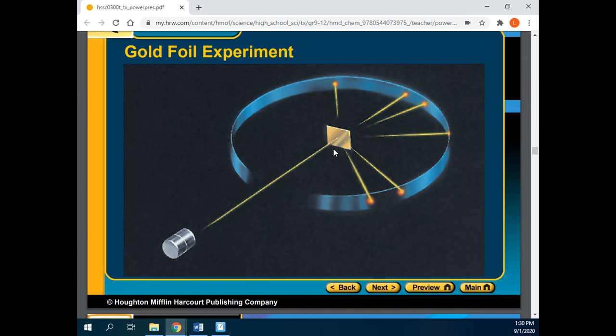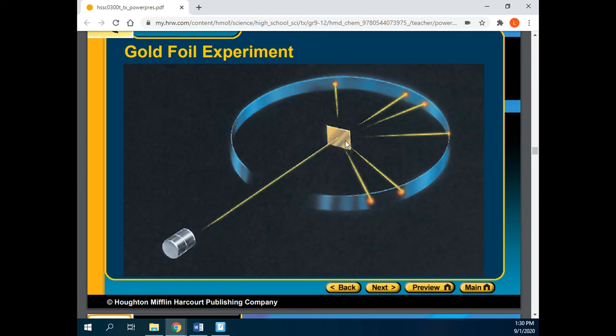But what actually happened was most of the alpha particles went straight through empty space. And every once in a while, there would be a very small deflection one way or the other. And then, very, very rarely, he would get one that would come straight back at the ray.